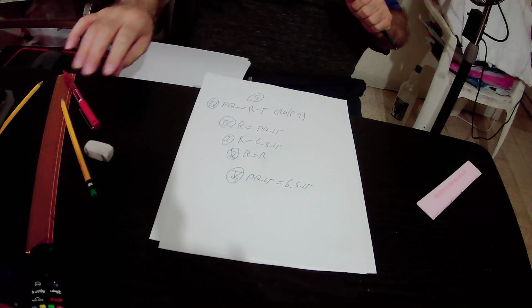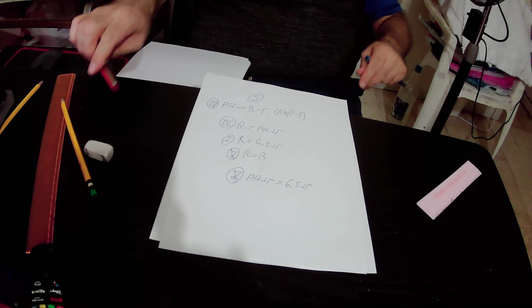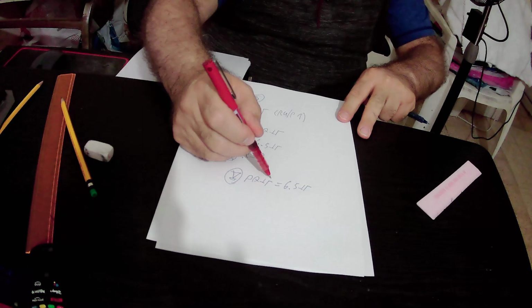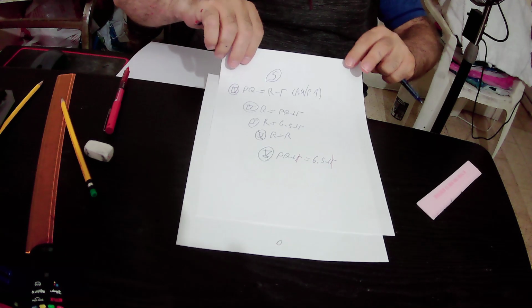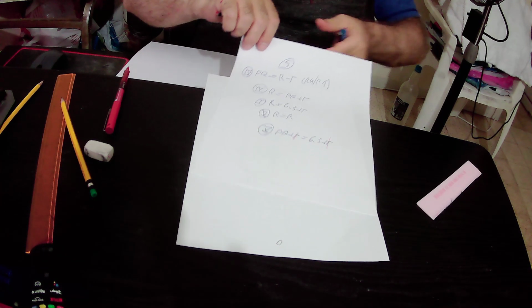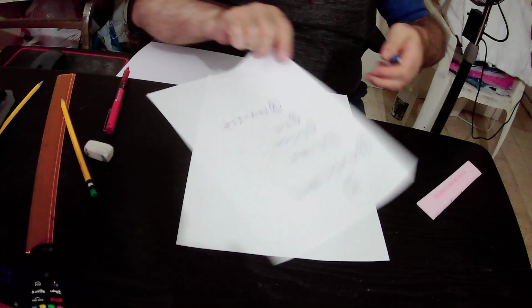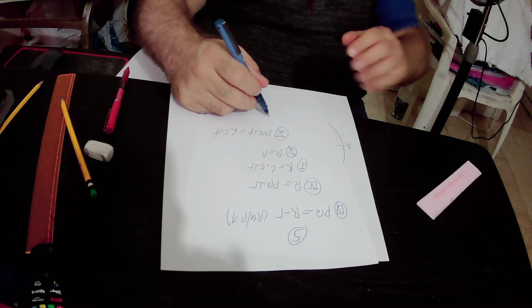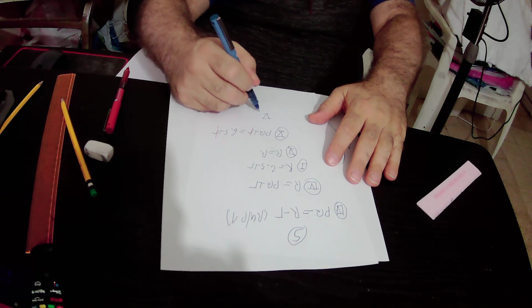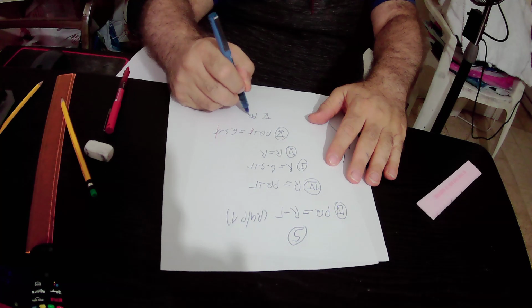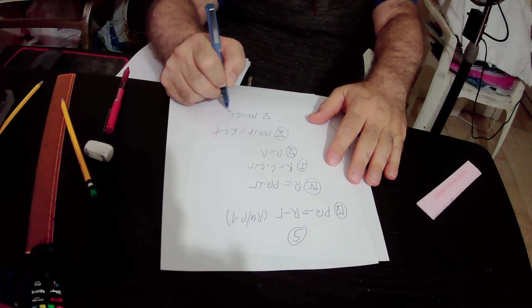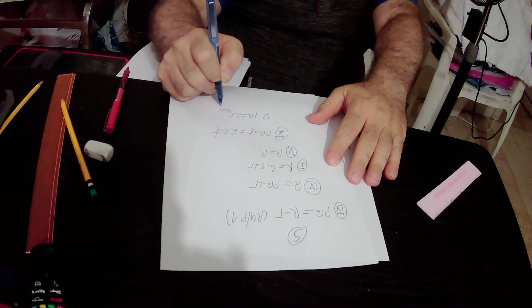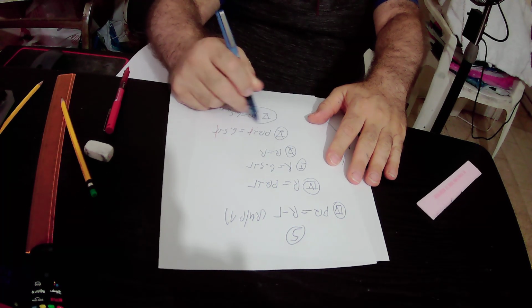So we have r on both sides of the equation, so we can cancel r, and we will get that the value of PQ equals 6.5 units.